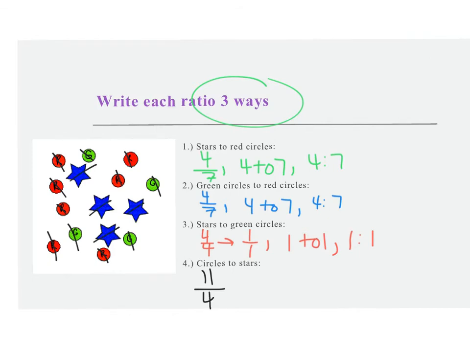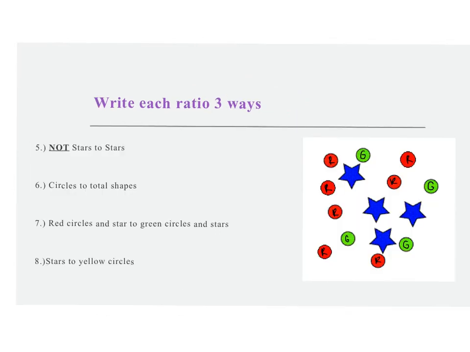We can't simplify that. Even though it's improper, it's okay to have an improper fraction, but we can't divide 11 and 4 by the same number evenly. So we're going to keep it. 11 to 4, 11 colon 4. So we're done with that one.